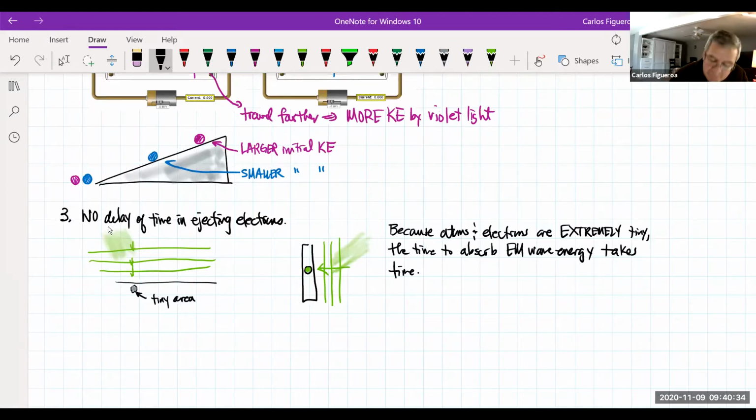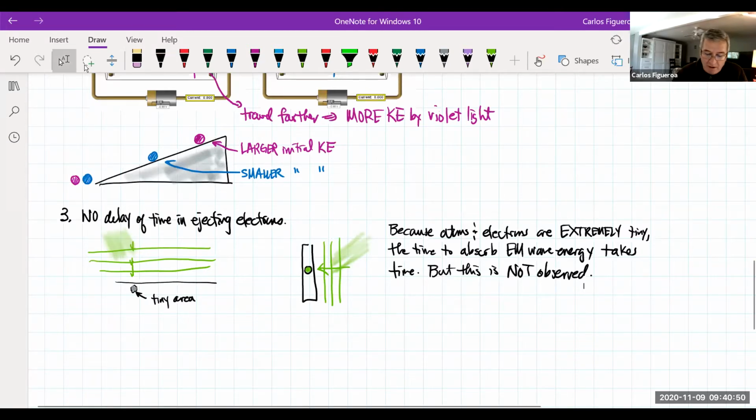But that's not observed. So that's another one. So there's three things right there that are a problem with the wave model of light. But that's not what we're here for.